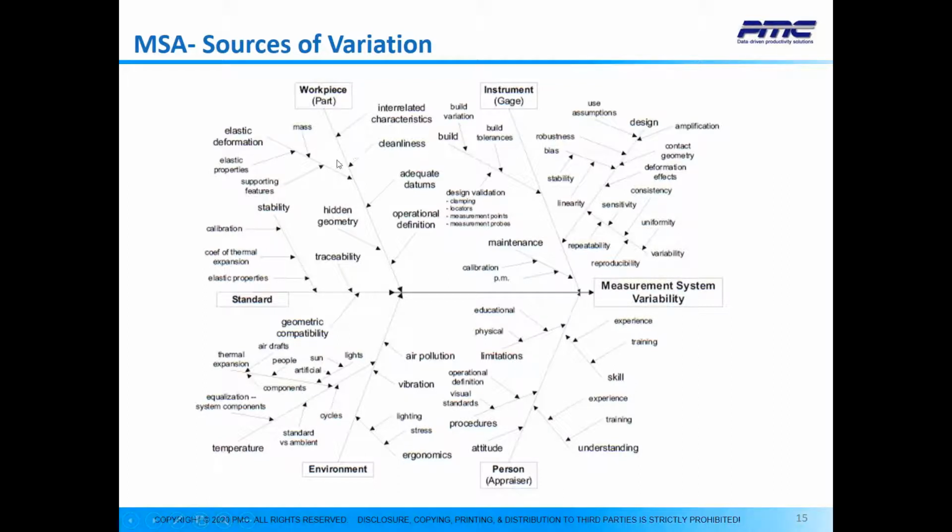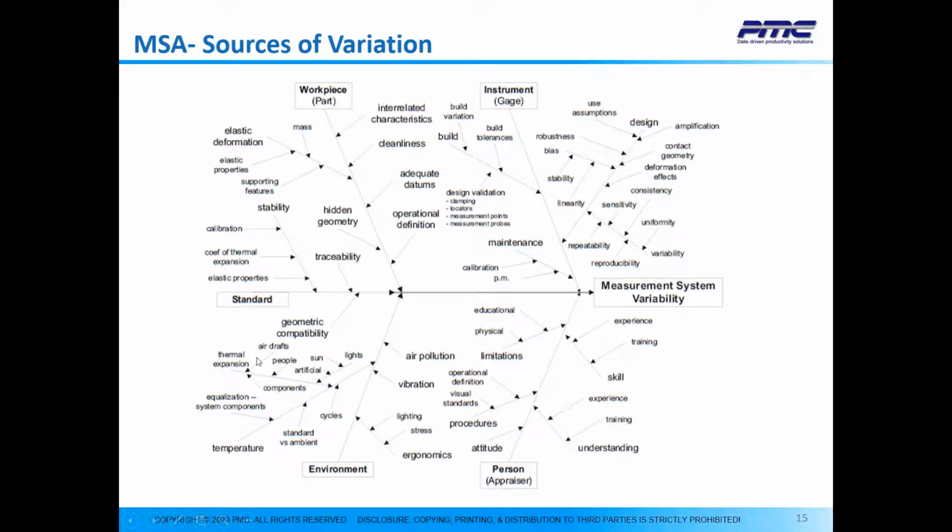Looking at the workpiece, it says hidden geometry could be a variation, operational definition, adequate datums, supporting features, elastic properties, and so on and so forth. When you go to the environment, it talks about the lights and vibration, the air pollution.